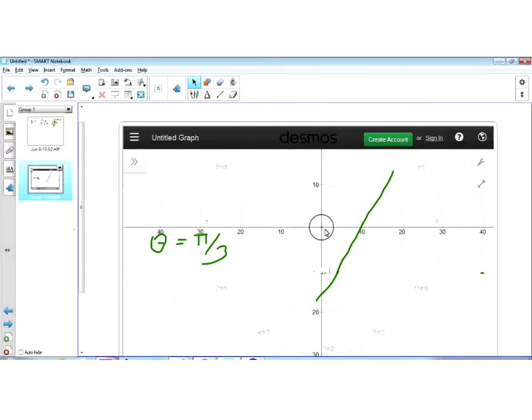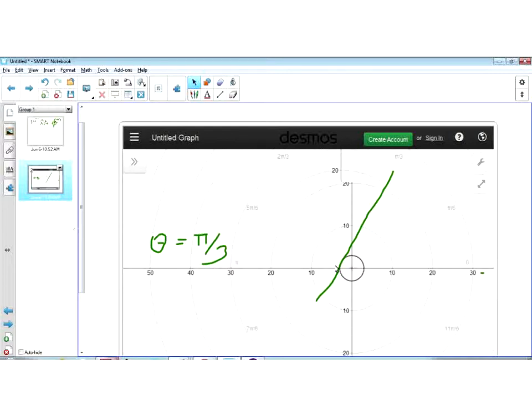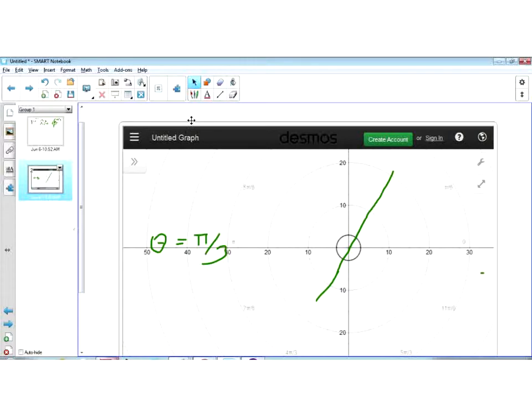It's kind of tricky to draw, so let me line it back up. So you'll reflect it this way. And the reason being is that you could have, say, a point negative r, pi thirds, okay?